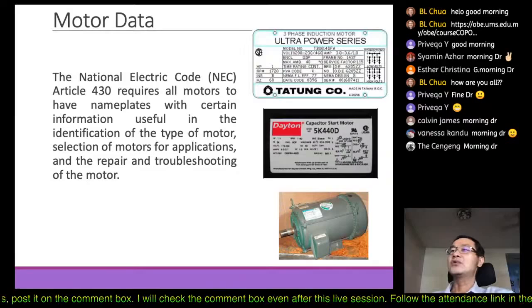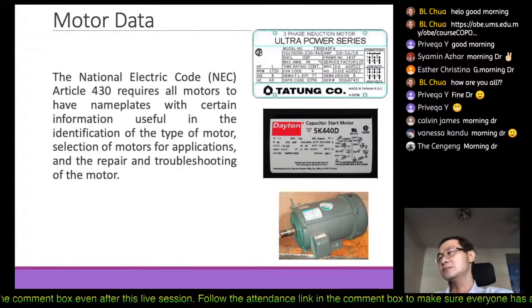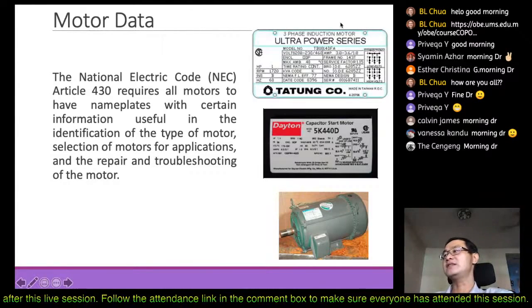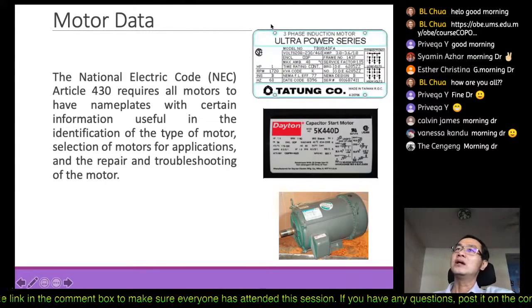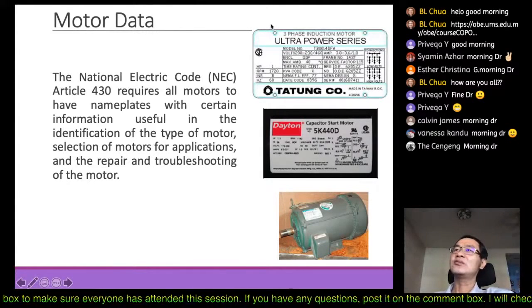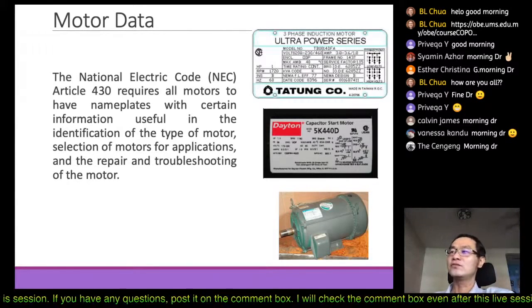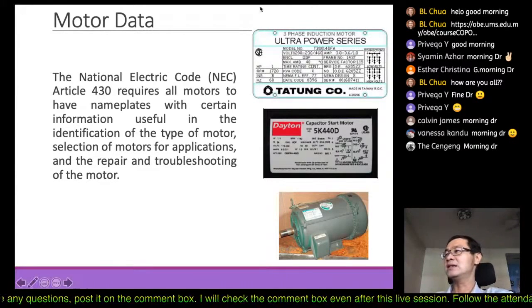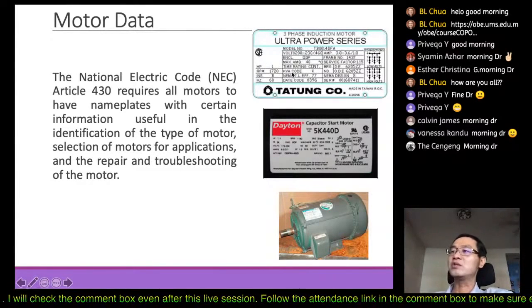So this is where you can see the motor data. Especially the industry one, they have this plate. This plate is very important to be there, so that whenever there is a fault with the motor, we can check the specifications of the motor previously.